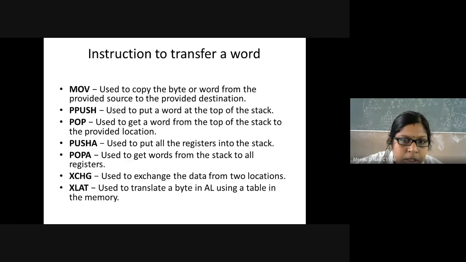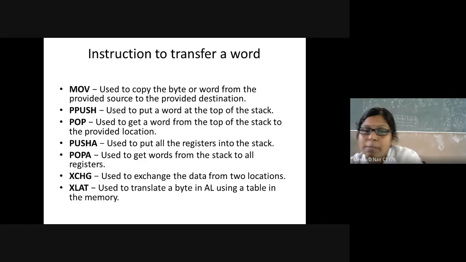Then PUSH. It is used to put a word at the top of the stack. From the accumulator to the top of the stack, you are using the push command. Then the pop command is from the top of the stack to the provided location. It can be anywhere, mostly you consider it for your accumulator. You are fetching the data from the stack location to the accumulator or any other provided location.